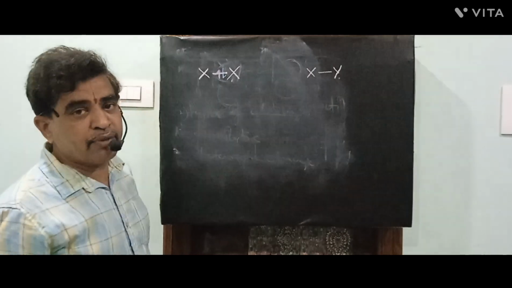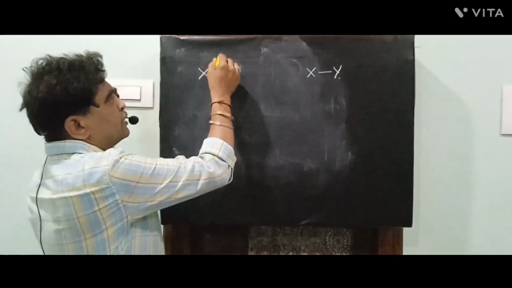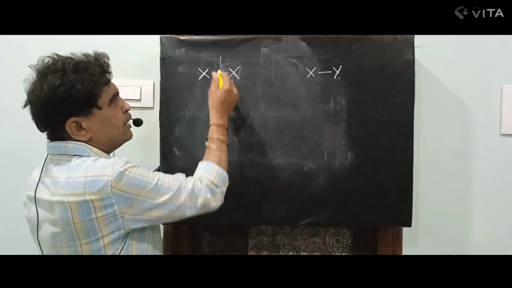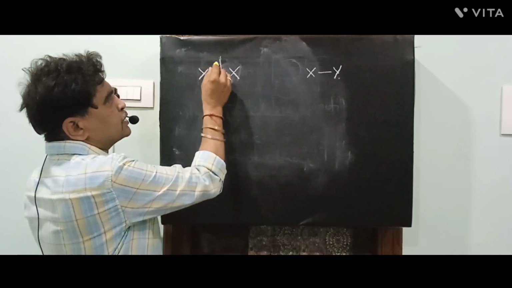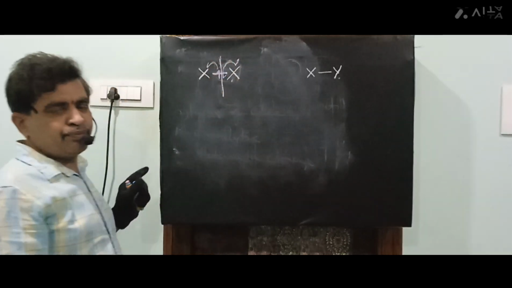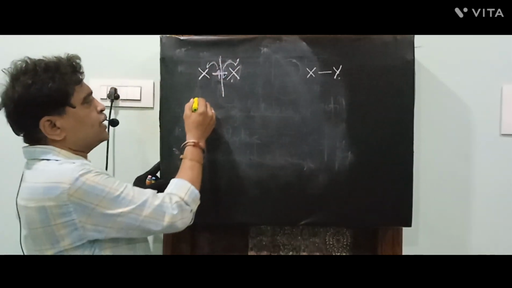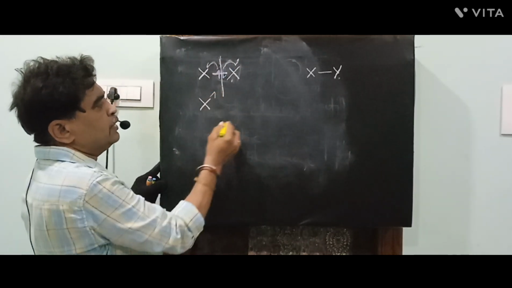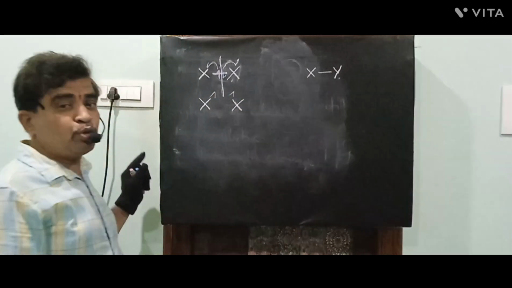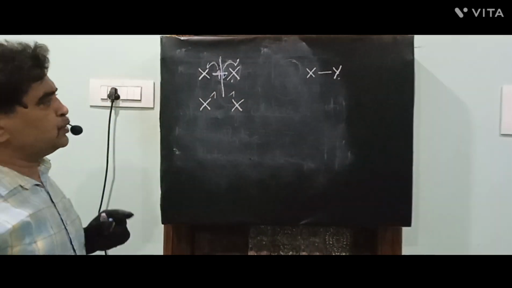The electronegativity difference is very slight, so the bond undergoes homolytic cleavage, and one electron goes to one atom and the other electron to the other atom. So that X gets one electron, and similarly the other X also gets one electron. Here we form two free radicals.